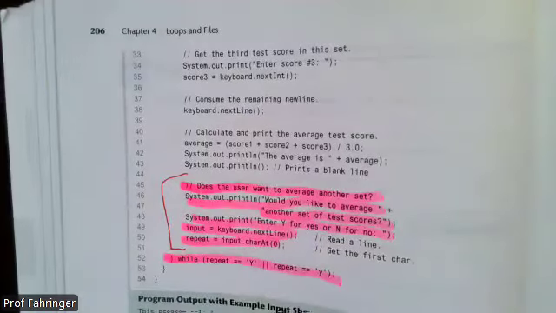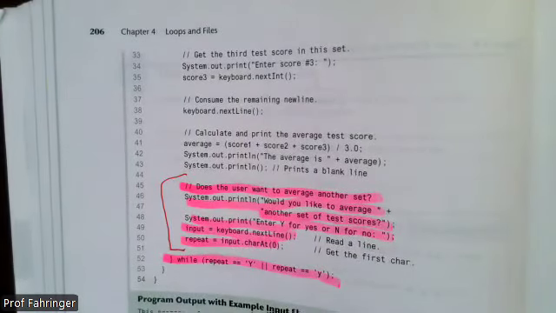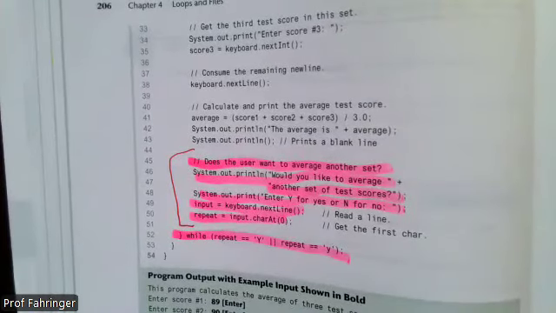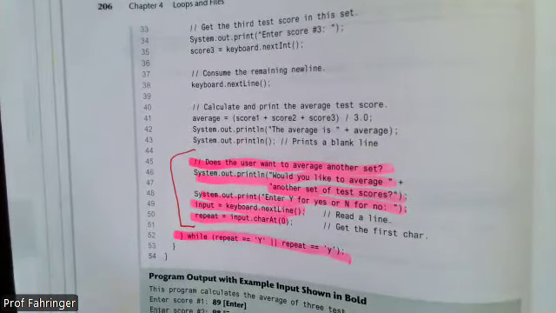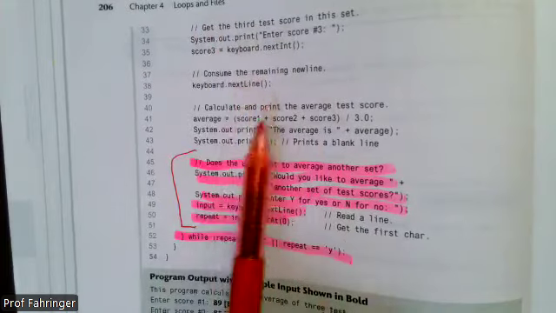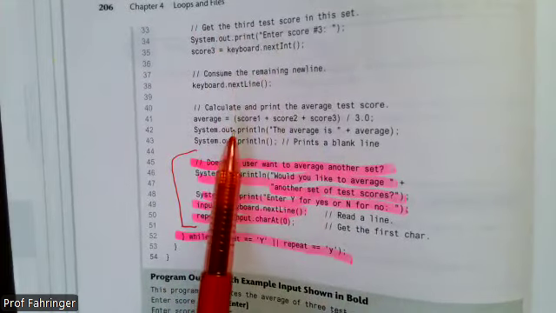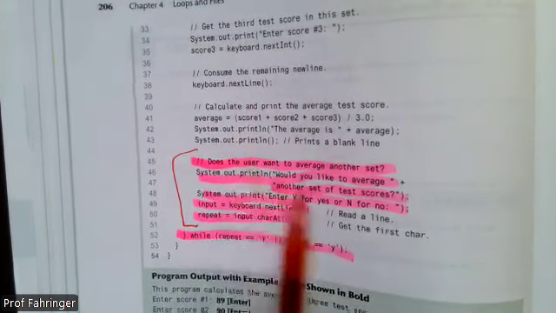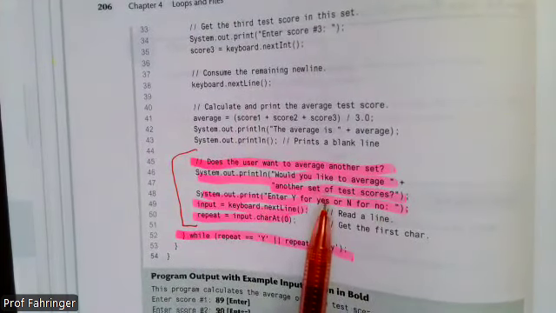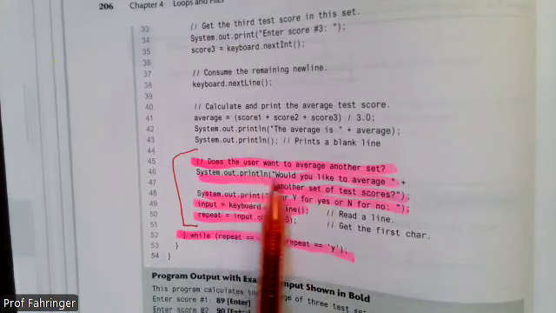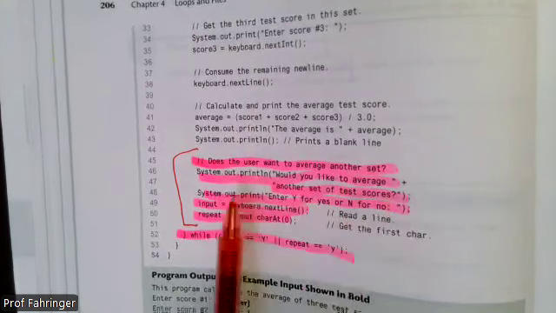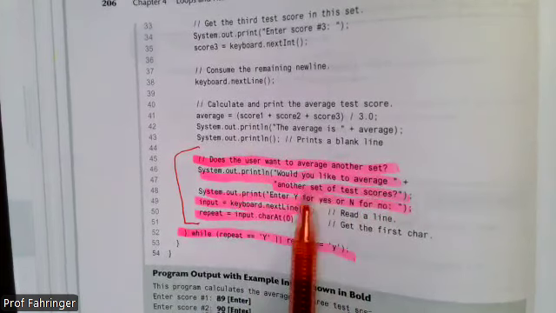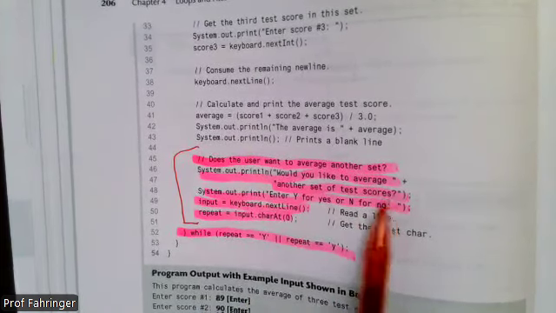Okay, so all that's fine. This is a great use for a do while loop because I just did all this work. I displayed my program. And now I'm going to say, hey, user, would you like to do it again? System.out.println, here's the average. Would you like to average another set of test scores?